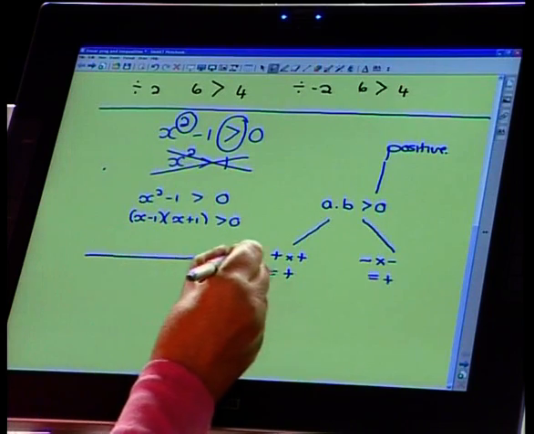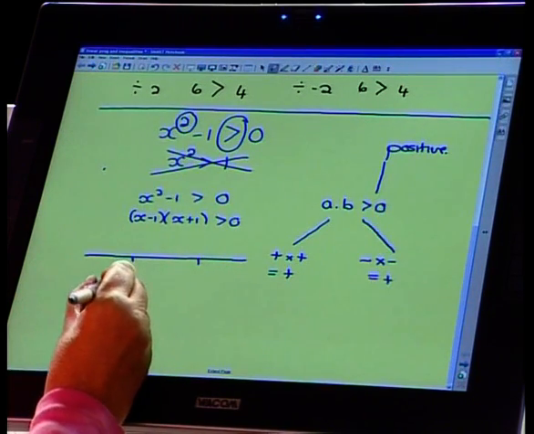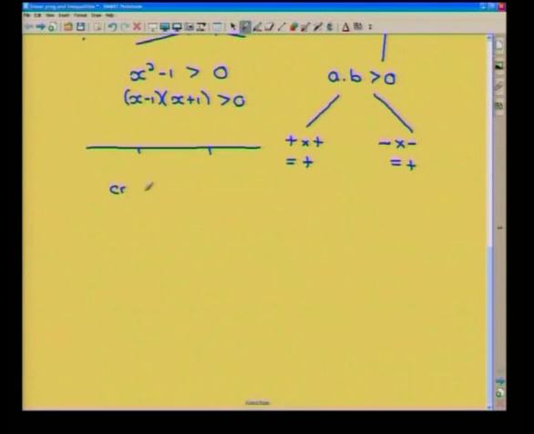The first method is we draw a number line. And we say, let's find our critical values. Now, what do I mean by the word critical value? Basically, a critical value is where the factor would equal 0.